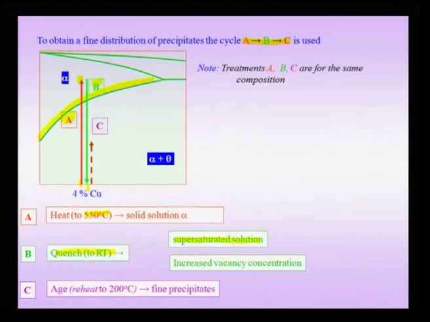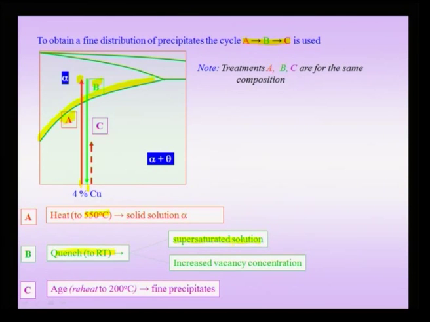By heating the solution, I can dissolve more sugar, but then suppose I cool the system very fast. Then all the sugar cannot immediately come out of the solution, because the nucleation barrier opposes this, and therefore you will have a supersaturated solution of sugar in water. Similarly, here we have a supersaturated solution of copper in alpha iron.